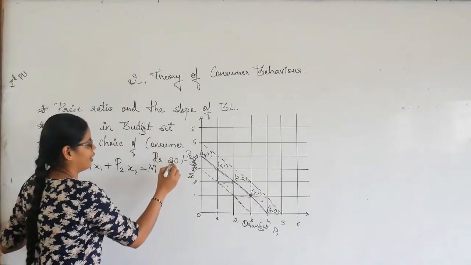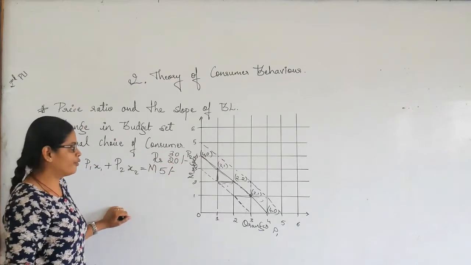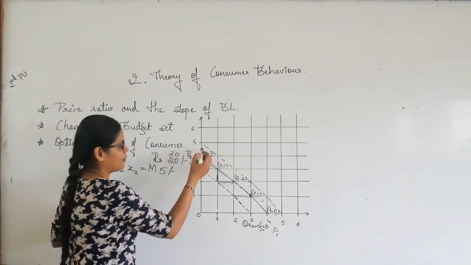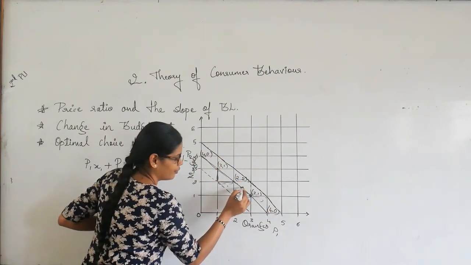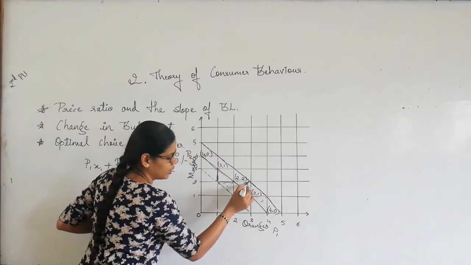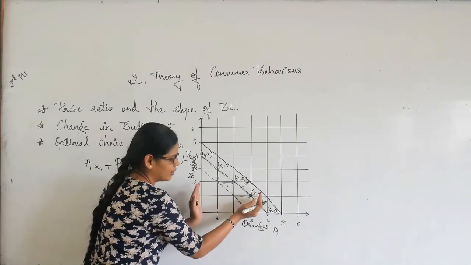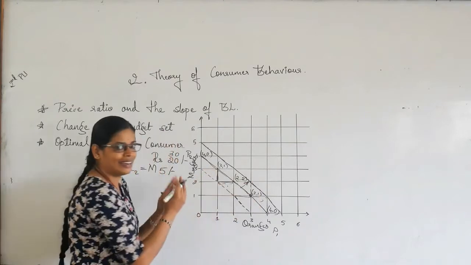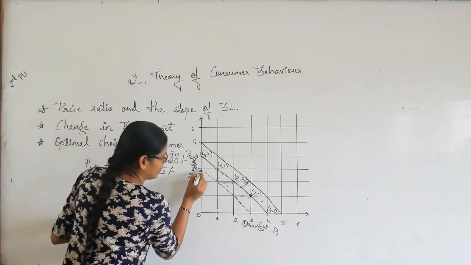for example, if we increase his budget from 20 to 30, what happens? The budget line shifts from the original to the outside, right? Yes. So the consumption of the bundle increases. Okay.